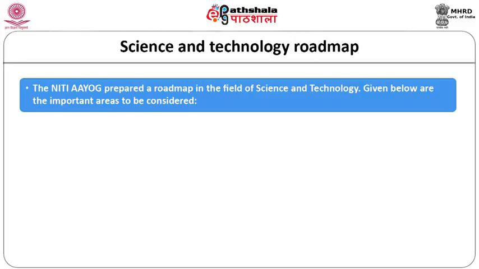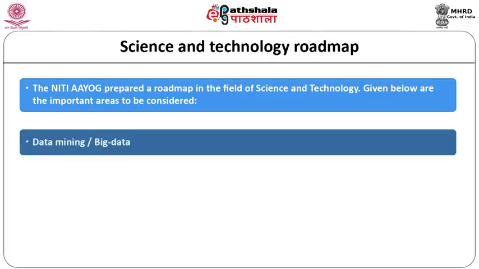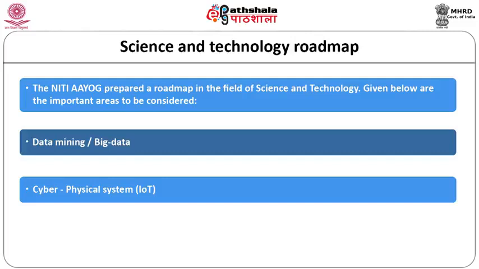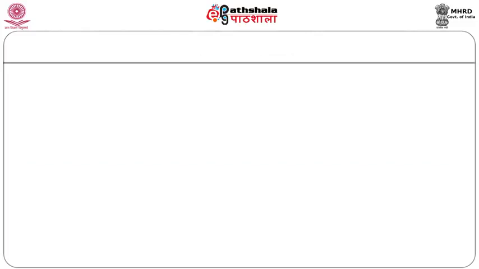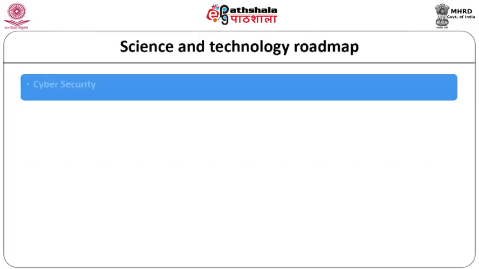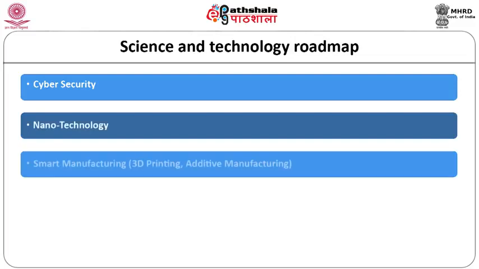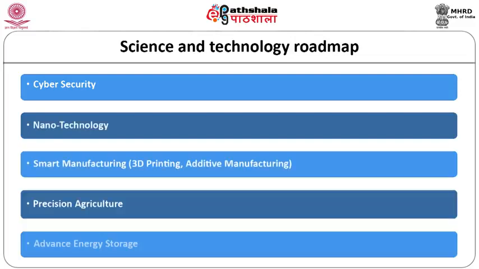There are certain important areas which Niti Aayog has considered, that is, data mining, cyber physical system, biotechnology, cyber security, nanotechnology, smart manufacturing, that is 3D printing, additive manufacturing, precision agriculture, advanced energy storage.